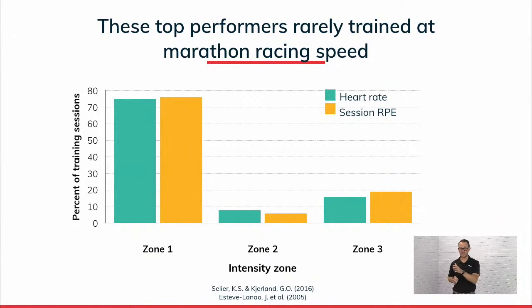And once again, RPE and heart rate, in this case, correlate very well with each other. So if you don't have a heart rate monitor, that doesn't mean you can't program cardiorespiratory training with your clients. Now, left under their own accord, most athletes will probably go the other way.